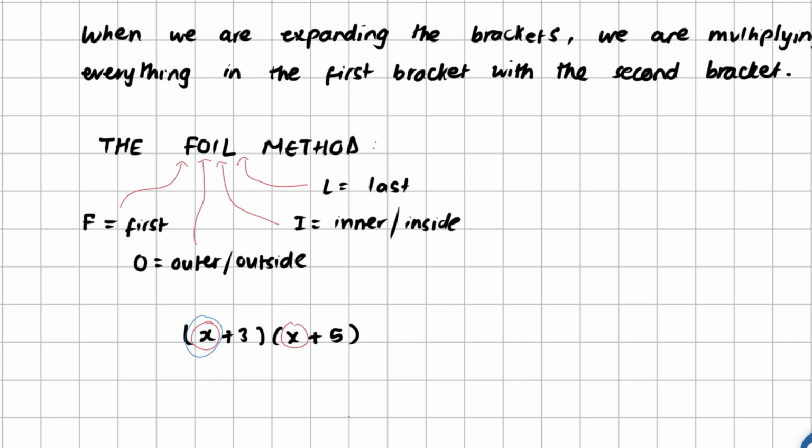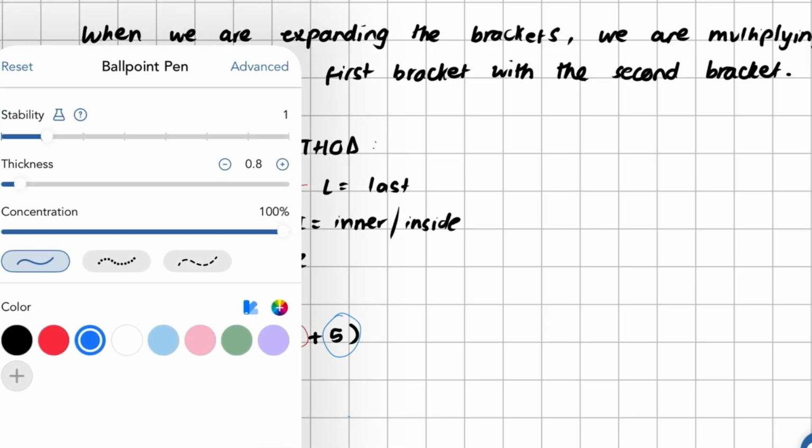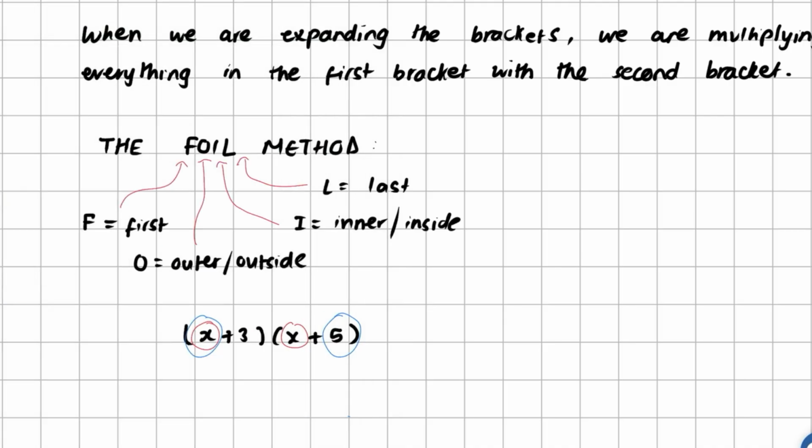The 2 that are on the outside, that's the second, and then the inner, which is the 2 inside, and then last, which is the 2 that are last in the bracket.